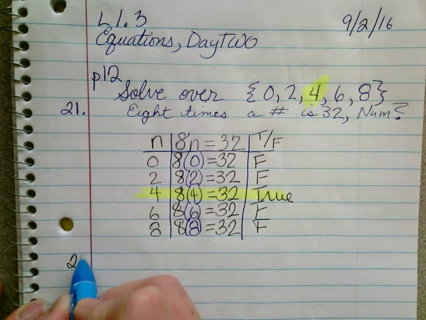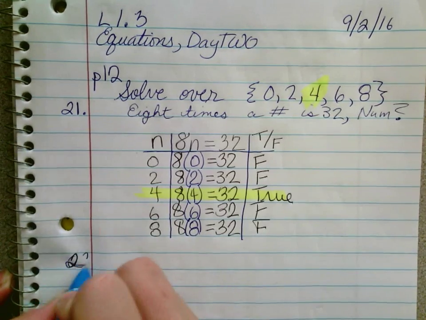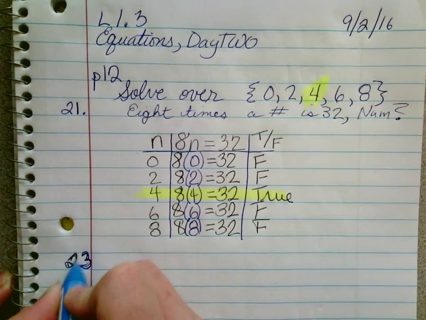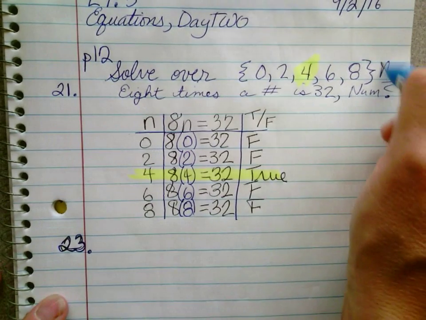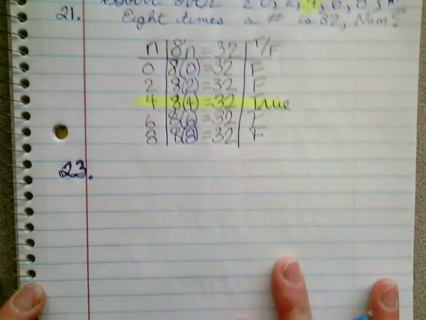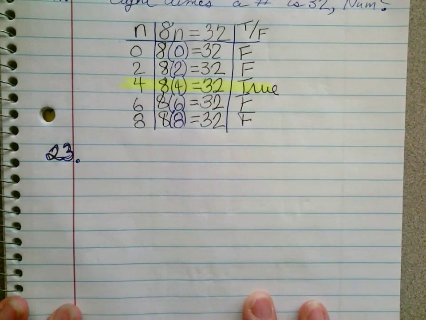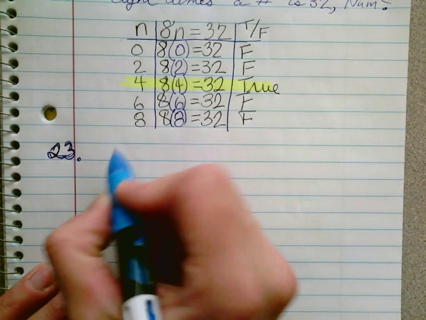23. Again, continuing to use the domain that they've given up here. That domain, the list of numbers that they want us to test. You can see them in your book because I know I just slid up. Here's what it says.